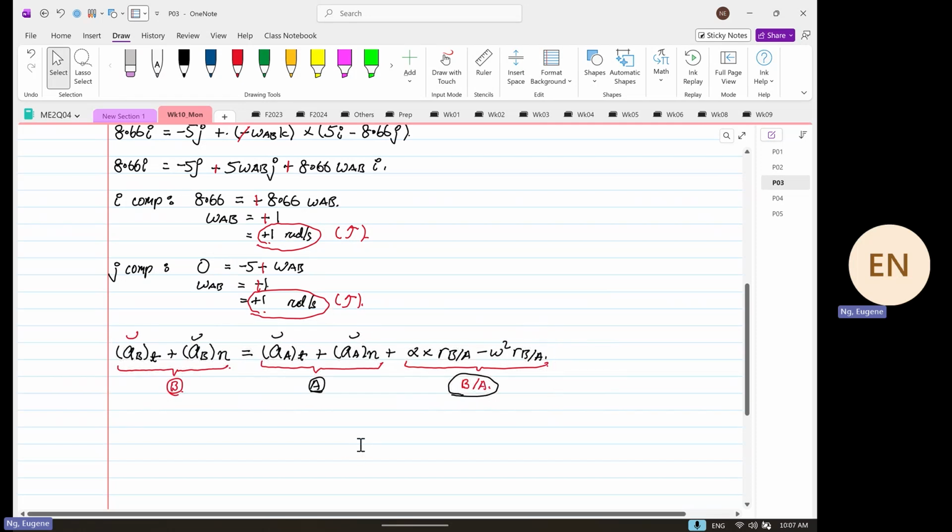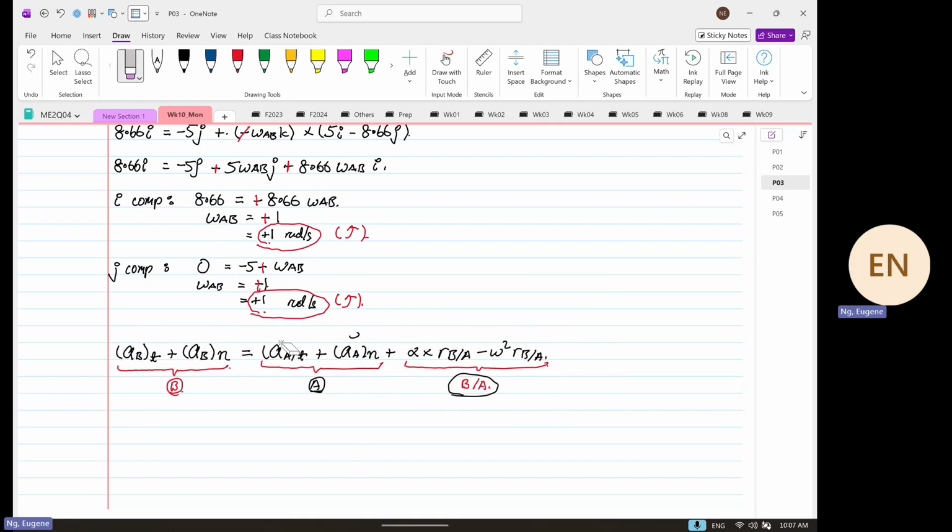So now we are going to fill up this formula. We know that this will be equal to positive ABT in the I direction. We know that this term is equal to 0, we can drop it.